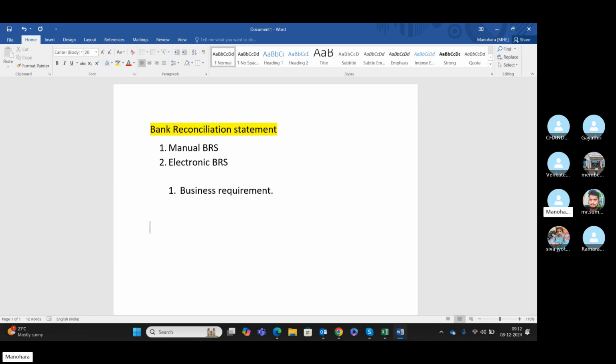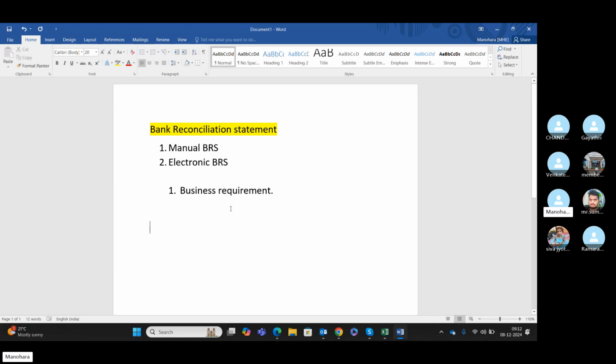First of all, we have to notice the business requirement, and how they are performing bank reconciliation statement, as a manual BRS or electronic BRS. First, we understand the business requirement as manual BRS.